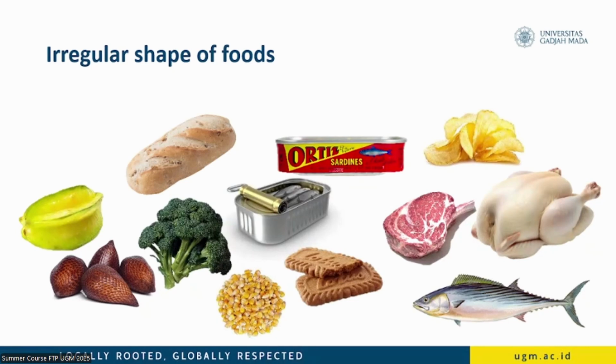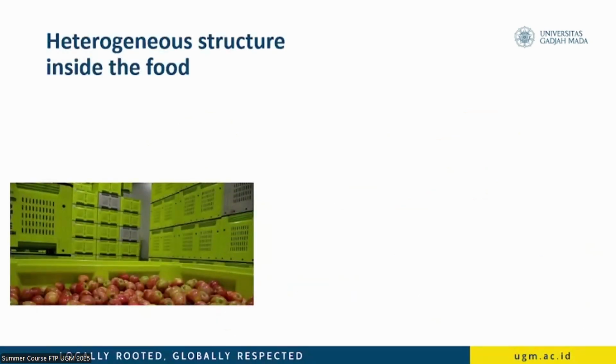And others, the shape is irregular. Also inside the fruits, the structure is heterogeneous. You can see this is the apples during the storage in the crate.